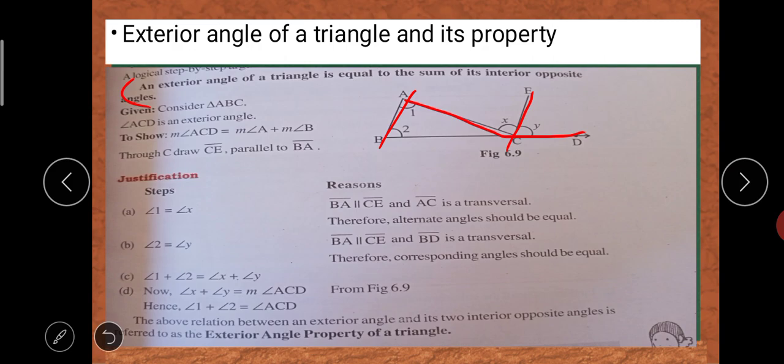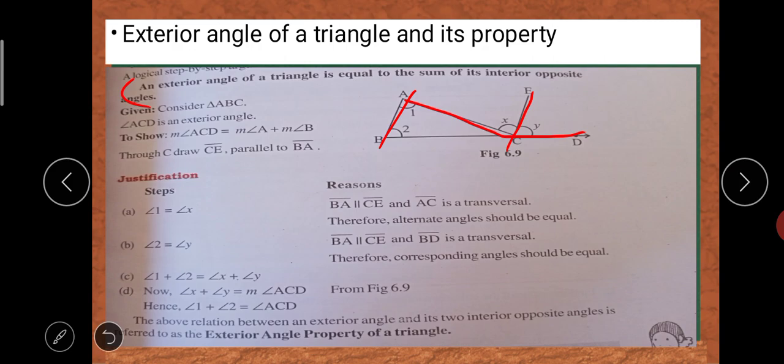Now when we see this figure we will find the reasons. Angle 1 equals angle X. Why? Here we have a transversal AC, and BA is parallel to CE.